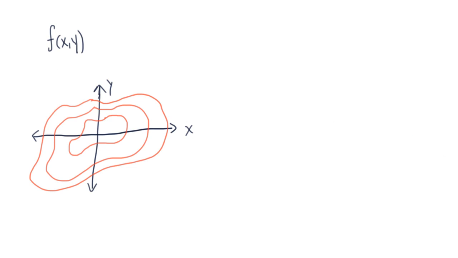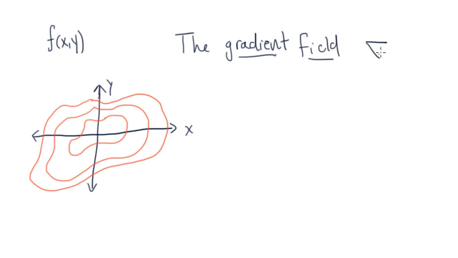So what we have is what's called the gradient field. Maybe you already made this connection, but the gradient of f is a vector field.